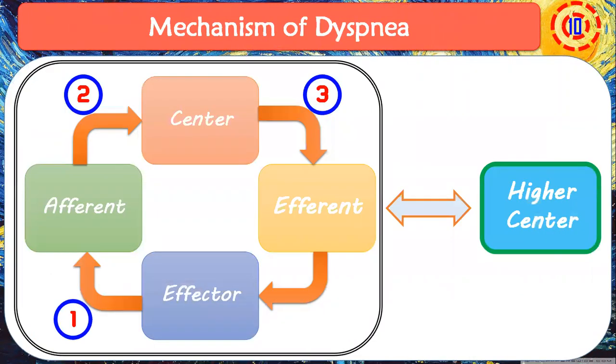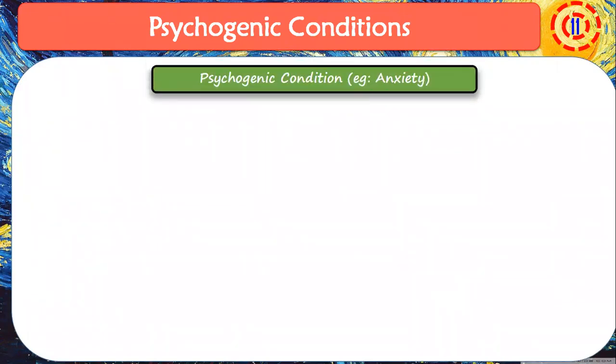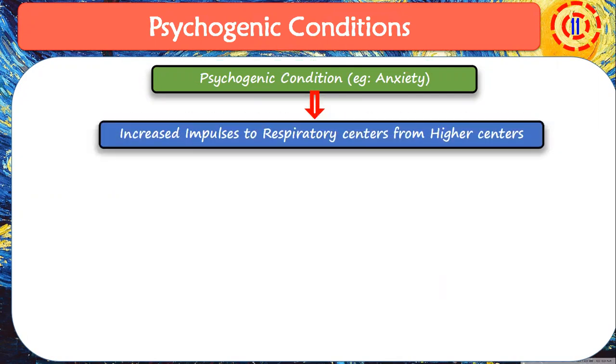So let's talk about the fourth mechanism. The fourth mechanism here would be the outside or intruder factor, or as we said, the influence of the higher center. Now that is what we know as psychogenic conditions. So in the presence of a psychogenic condition, for example, anxiety or seizures or any other psychogenic condition, we see that there are increased impulses sent to the respiratory center from these higher centers.